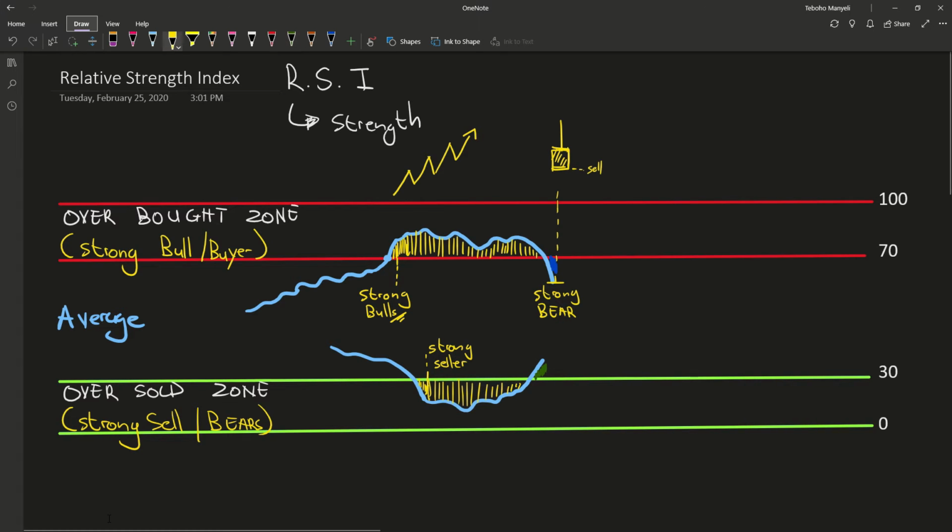So at this point, our first strong buyer came in. So at this point, we've got a strong buyer or strong bull. So if that candle looks like this, or however it looks, we'll then start placing buy orders from this point.